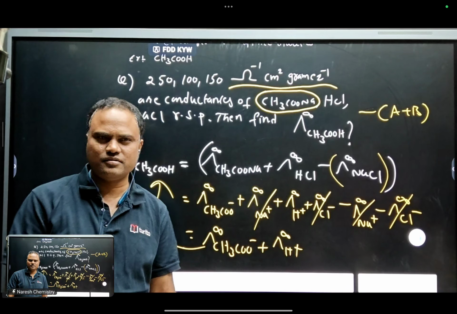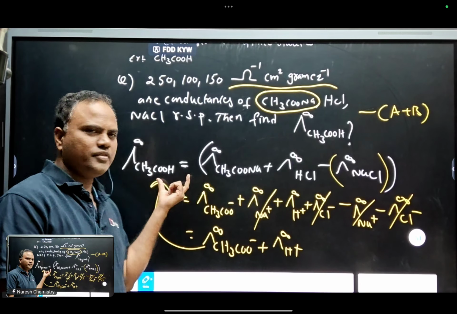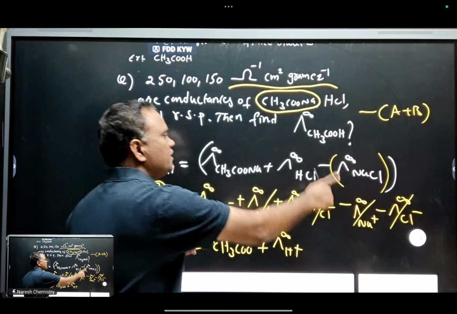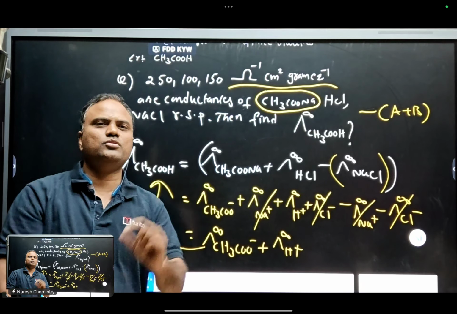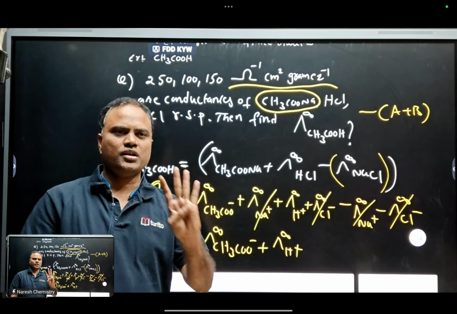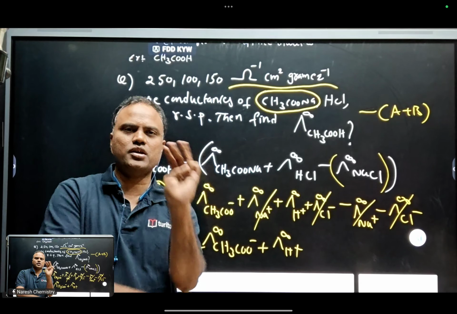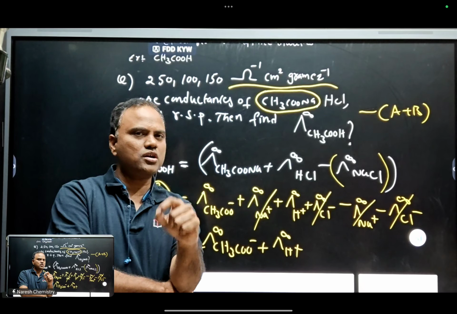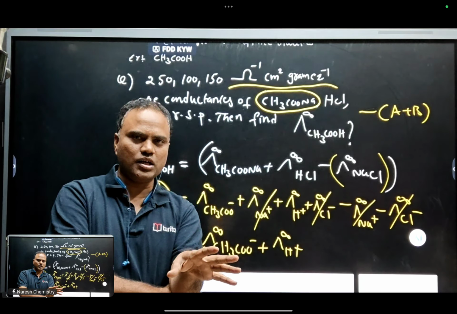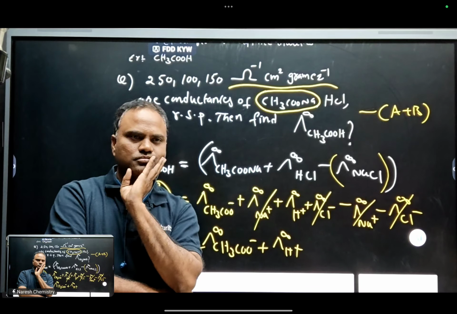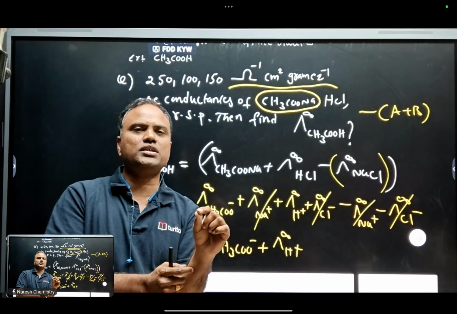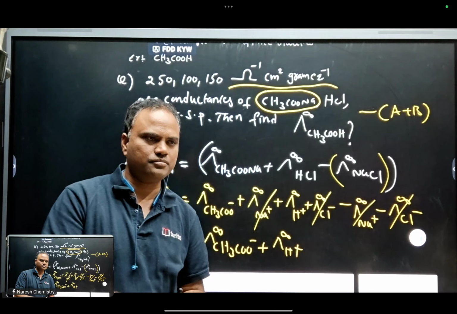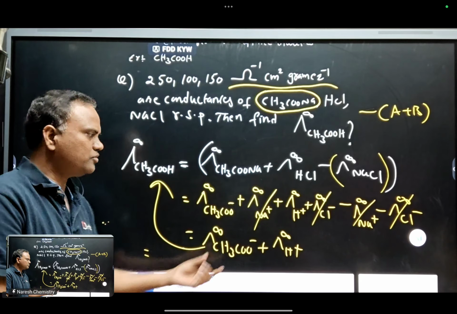Yes, we are getting the weak electrolyte. Yes or no? If you do like this, we are getting the weak electrolyte. That is the logic. So what you have to do? Select three strong electrolytes. Add two strong electrolytes with common ion. Subtract the third electrolyte without common ion. And proof is this.